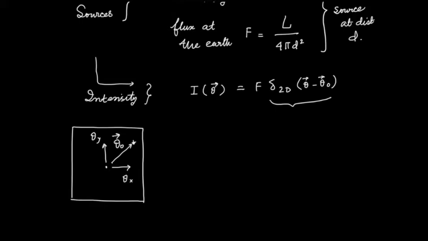However, when I observe, the observed intensity is actually not this, because the effect of observation is a convolution of the intensity function in the sky with the beam of the telescope. So I have to calculate it this way.